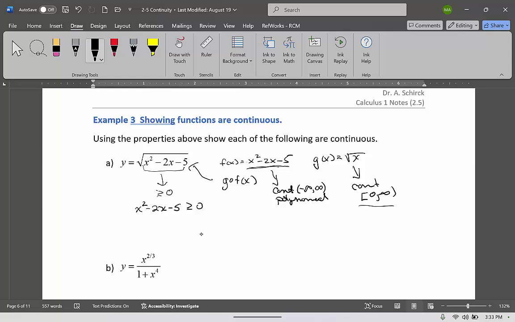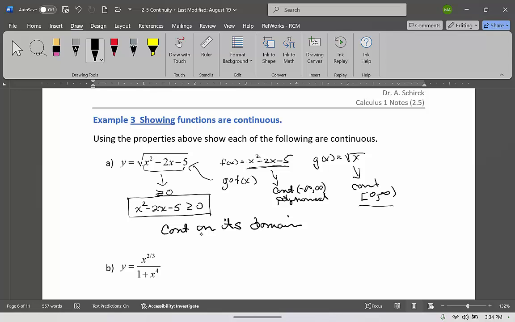Okay? But basically, we can say that this function is going to be continuous on its entire domain. And its domain is going to be the values of x that make this inequality true, which we would have to use like the quadratic formula to find those out, okay?